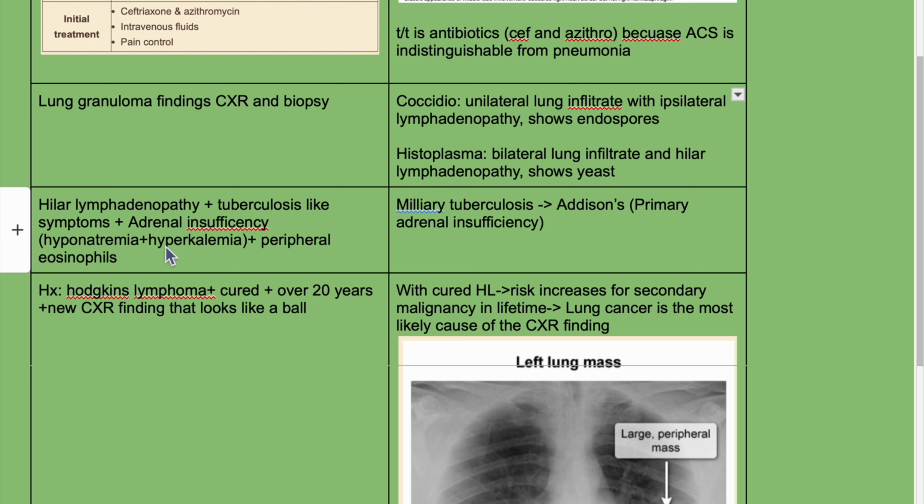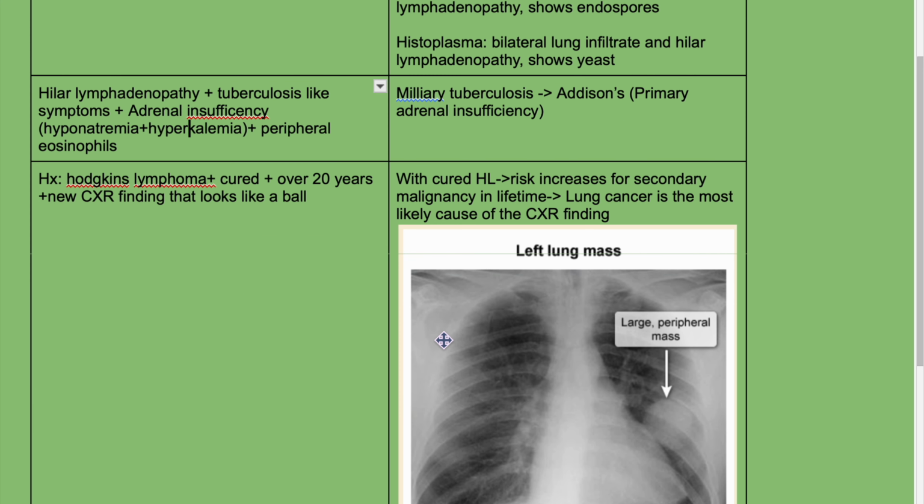Okay, so now here we have the opposite, plus peripheral eosinophils. This is an odd finding, but that's going to help you figure out that it is miliary tuberculosis. It is seen in Addison's. It leads to Addison's, primary adrenal insufficiency.